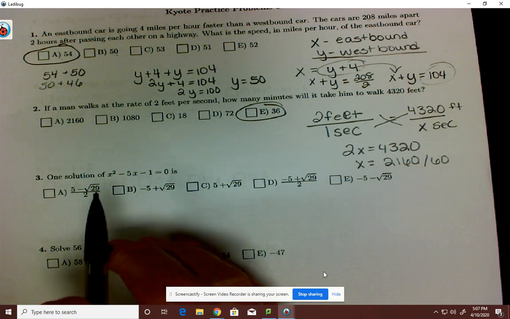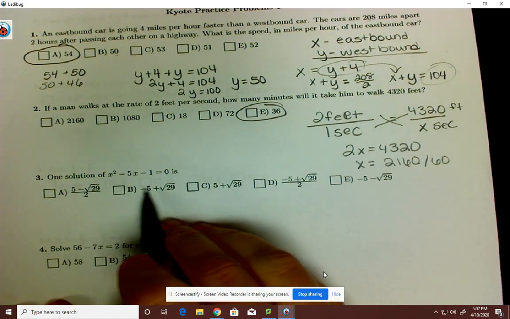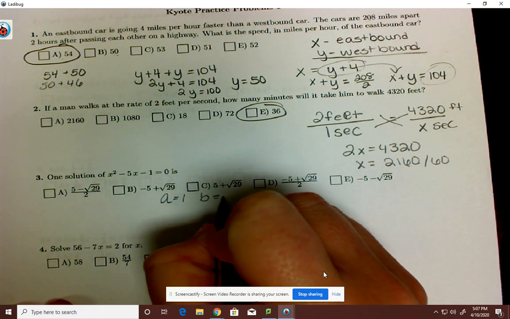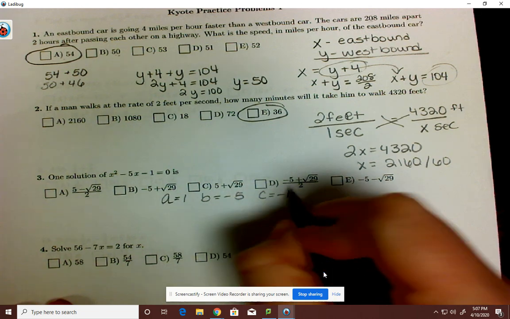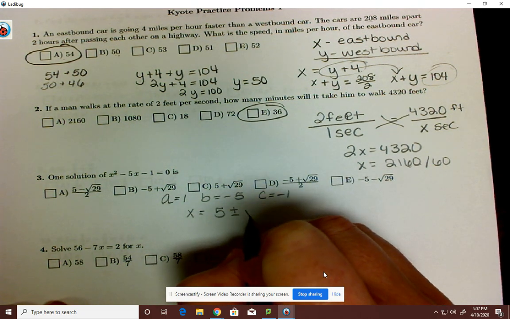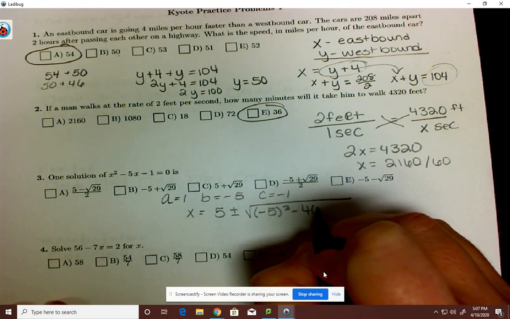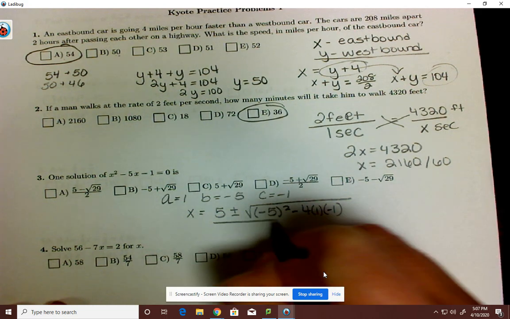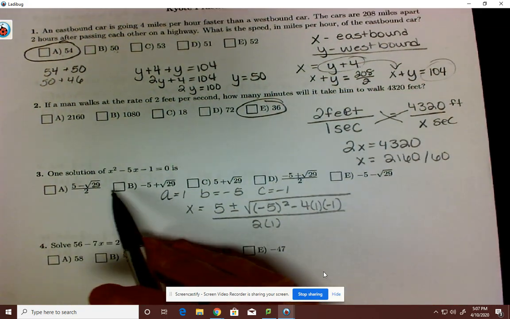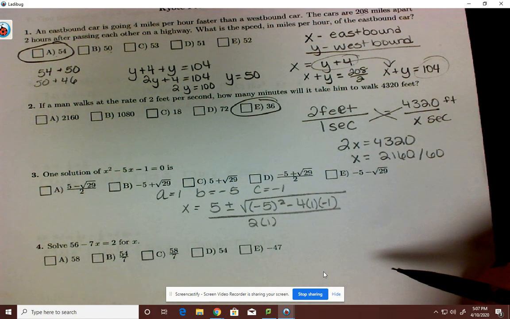Okay, on 3, one solution. This is a quadratic equation, and these look like they're in the quadratic formula. So A is 1, B is -5, C is -1. So we do negative B plus or minus the square root of B squared minus 4AC over 2 times A. Now the difference is you're either going to have to put all these in decimal or work it out step by step, because these answers aren't in decimal.